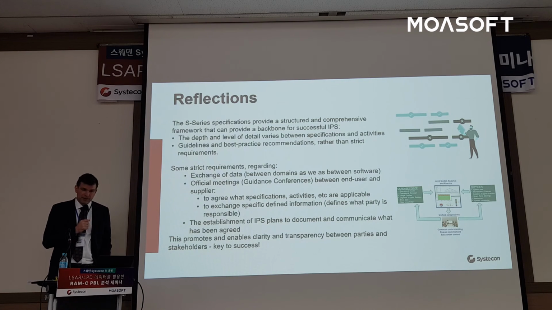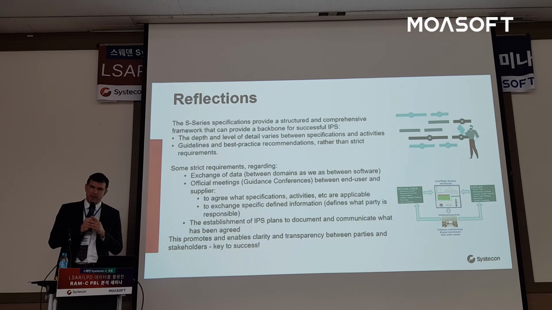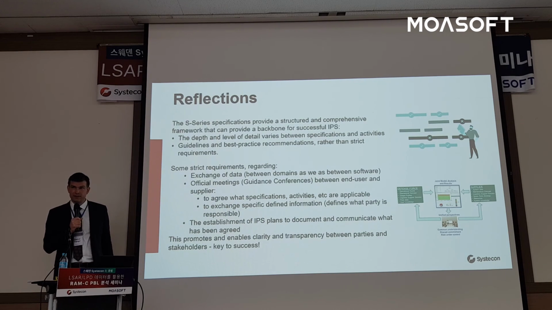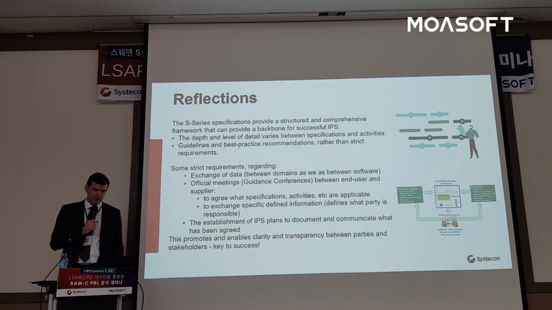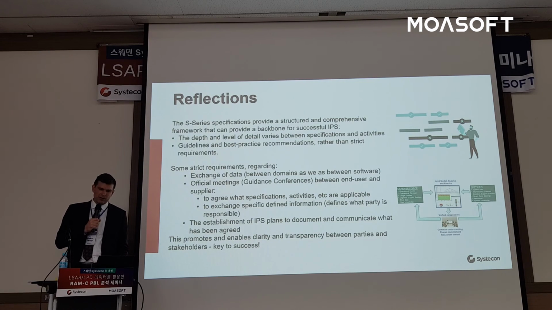And it also defines that an IPS plan should be put in place to make the planning, but also to document and communicate to all parties what has been agreed. So again, overall, this promotes clarity and is meant to define what things should be agreed and should be documented between the parties and stakeholders.